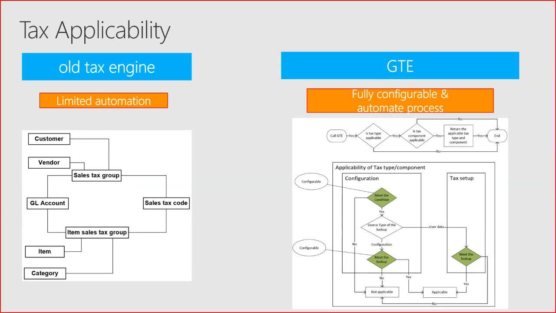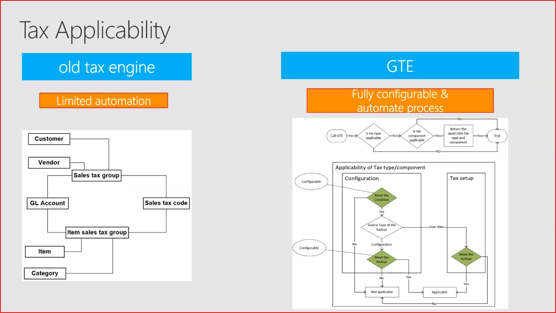If the tax type is applicable, for example, GST is applicable, and GST is the tax type. And under the GST tax type, we have CGST, SGST, IGST. So the system will decide, is CGST applicable for this transaction?